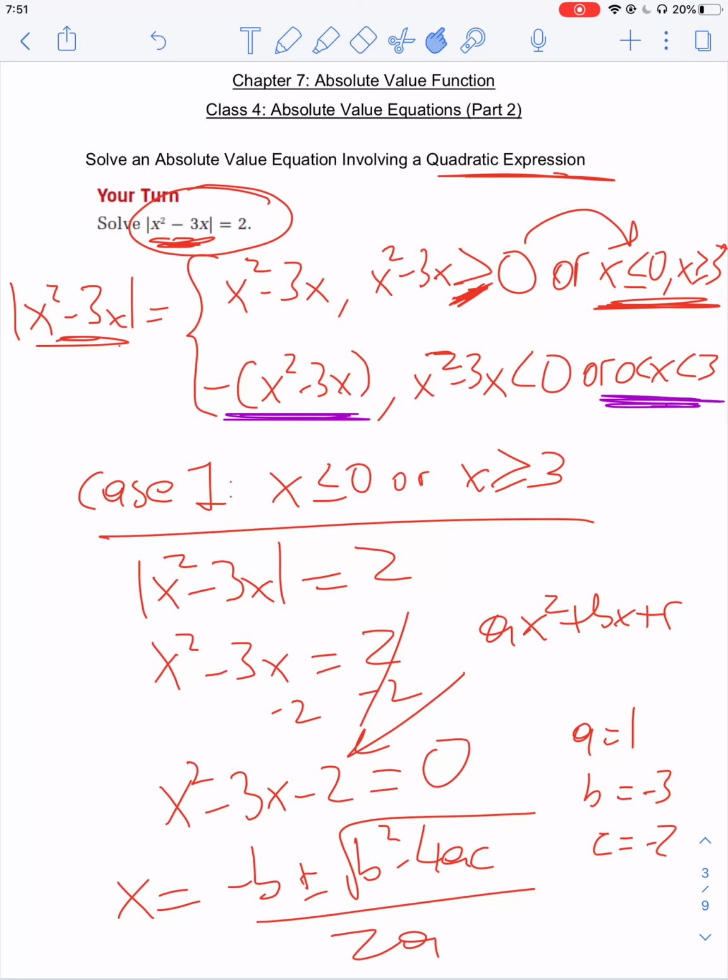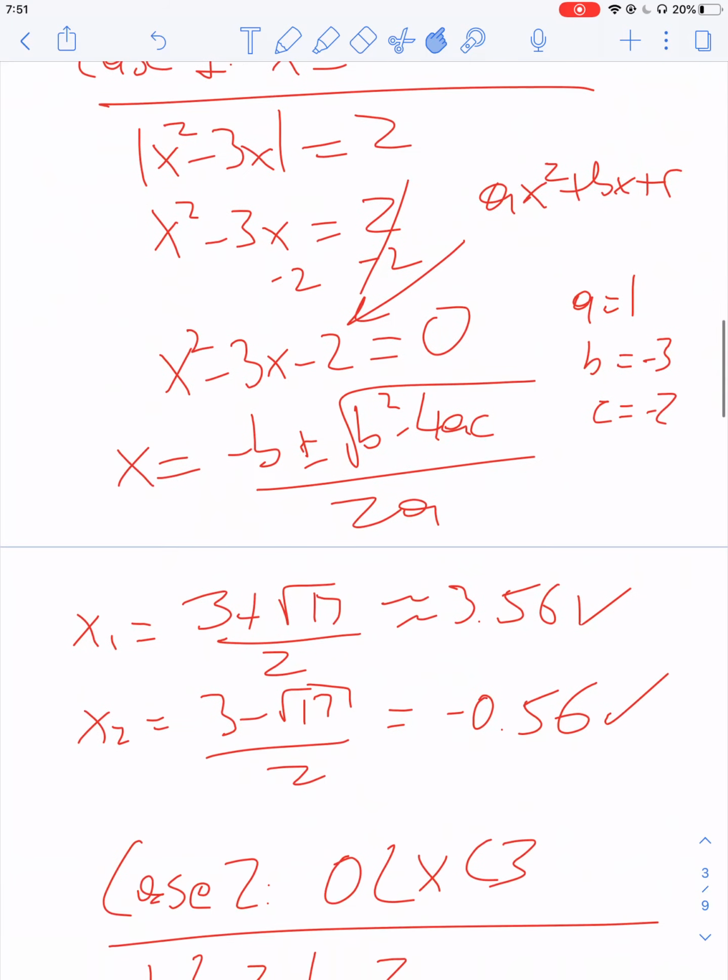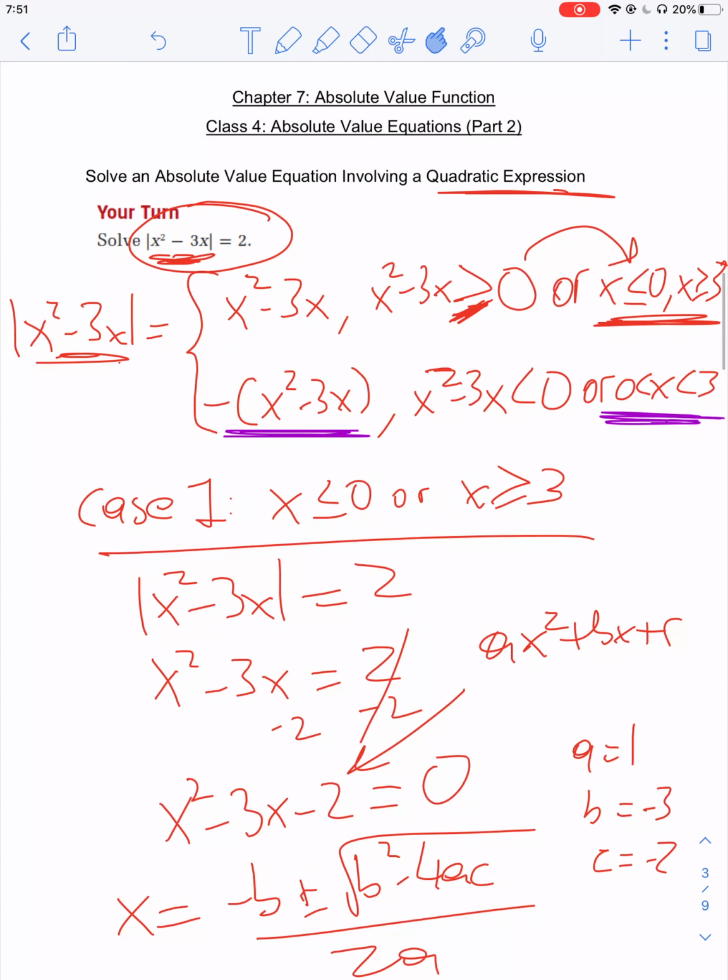Yeah, so 3.56 does work. And minus 0.56 squared minus 3 times minus 0.56, yeah, that also works. So there are 4 solutions.